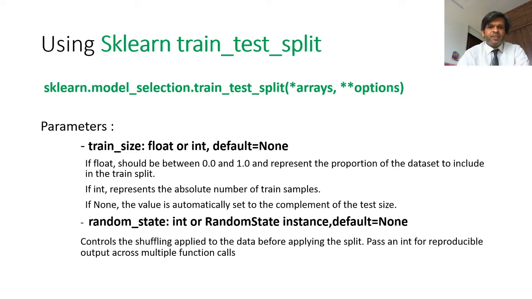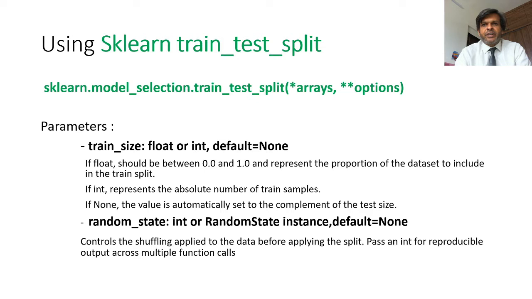Random state is an integer value which you give. Whatever integer you give is treated as a random seed to generate the randomized object which will randomly distribute your records or create a randomization in your data set. This controls the shuffling applied to the data before applying the split.